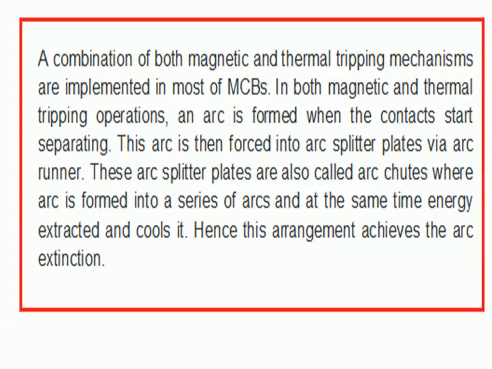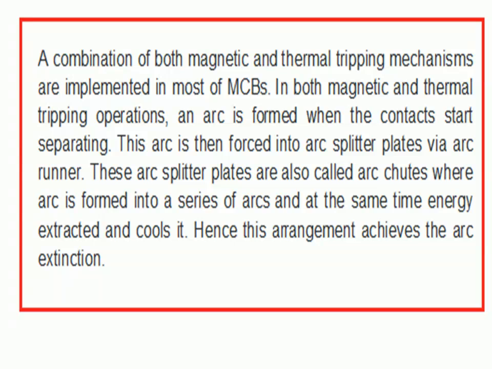When the arc is developed, it should be controlled by the arc chutes or arc runners. Hence, it provides a suitable amount of high resistance. The arc is extinguished with a cooling effect. This is known as the arc chute chamber. Arc should be suppressed. That is the idea.